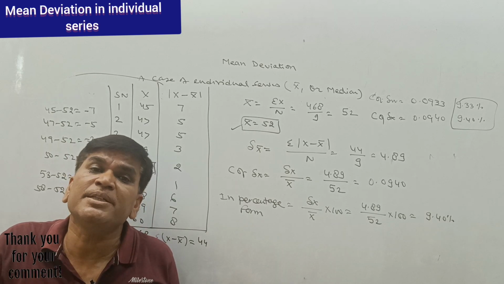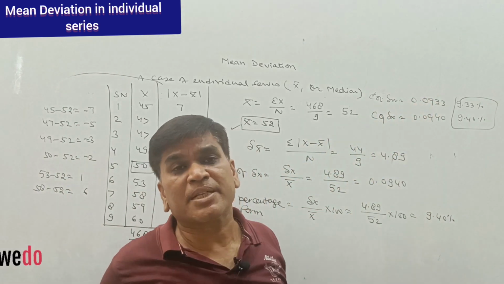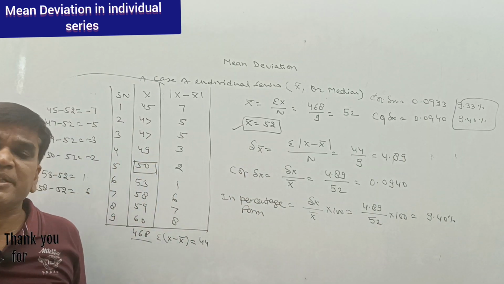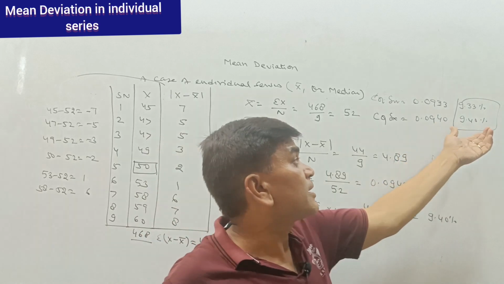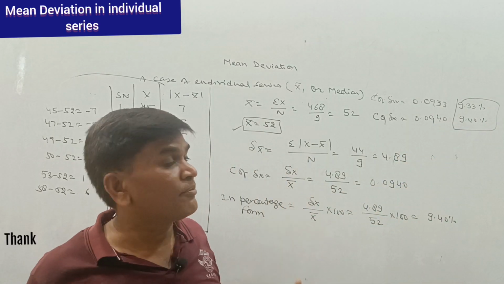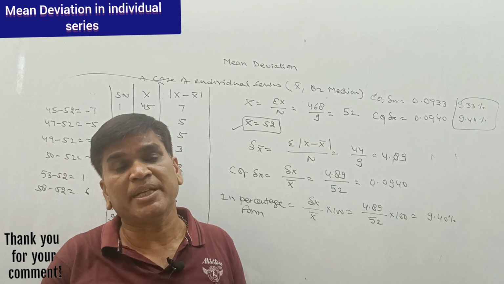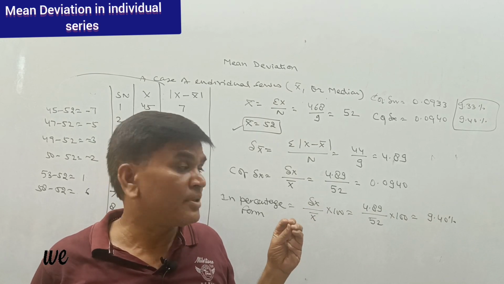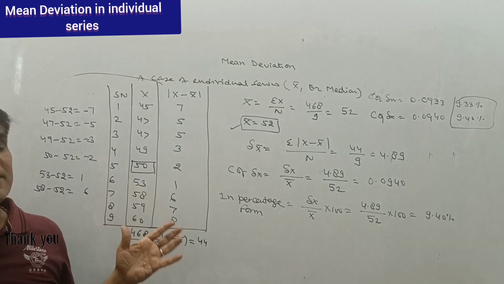For comparison there may be some difficulty, but by changing to percentage form it is very easy to say that the mean deviation is more from the arithmetic mean than from the median.